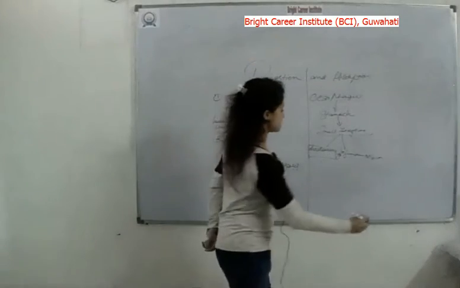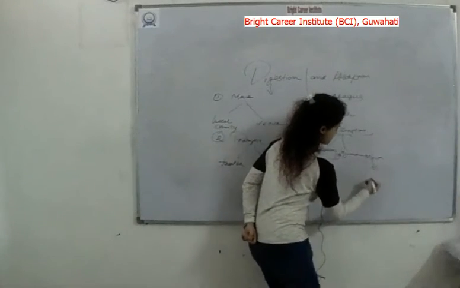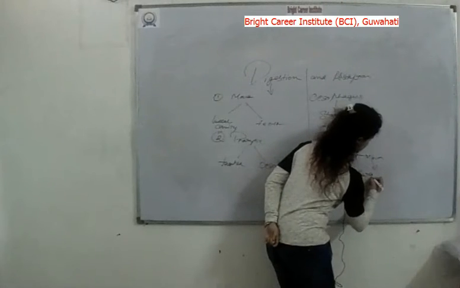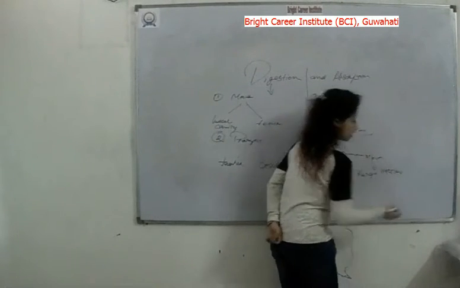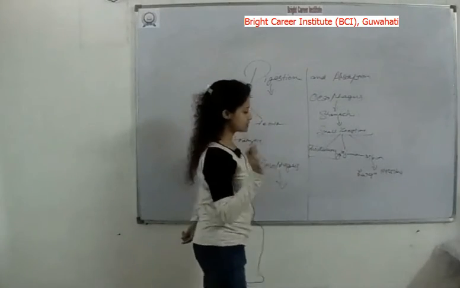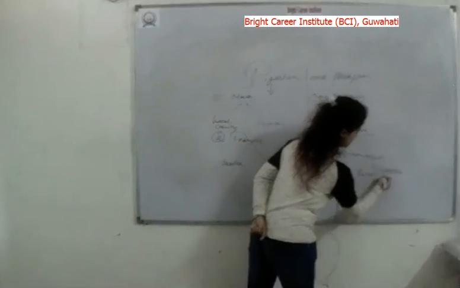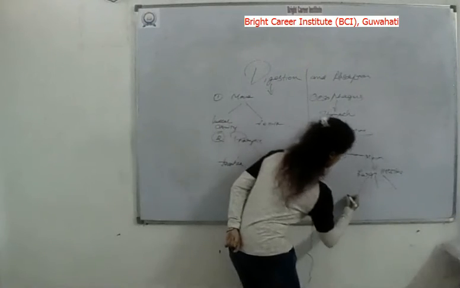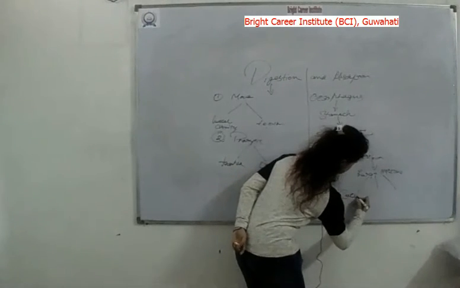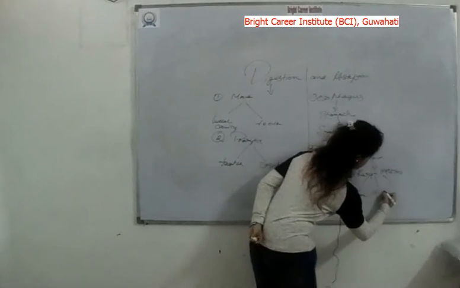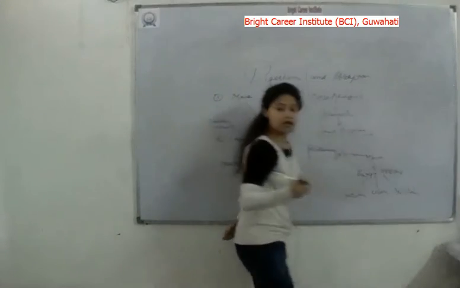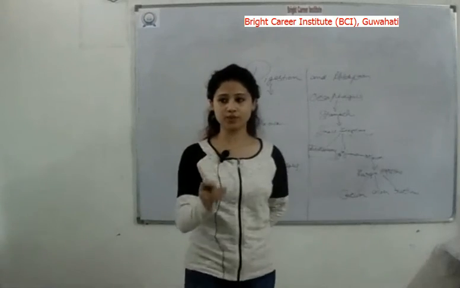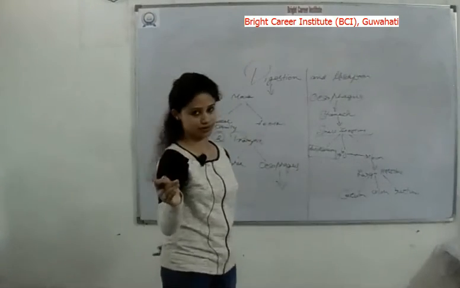Now after the ileum, it comes down to the large intestine. Large intestine has three parts: cecum, colon and rectum.